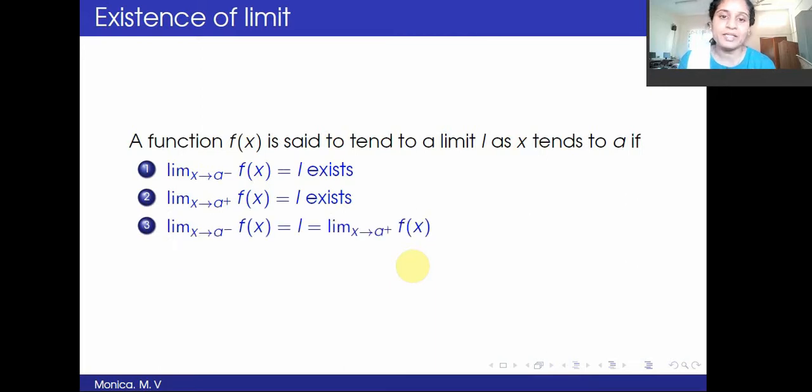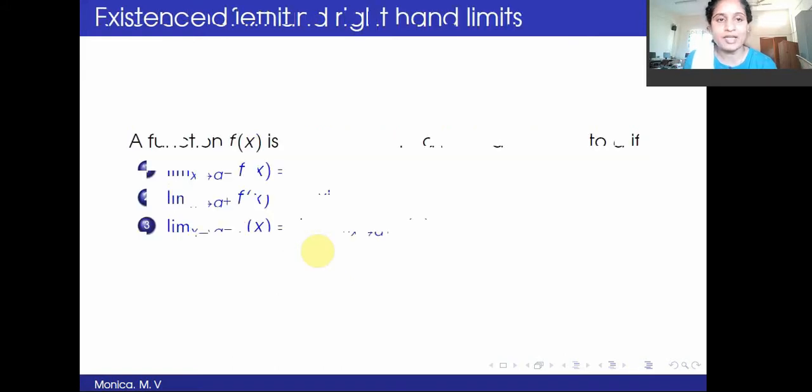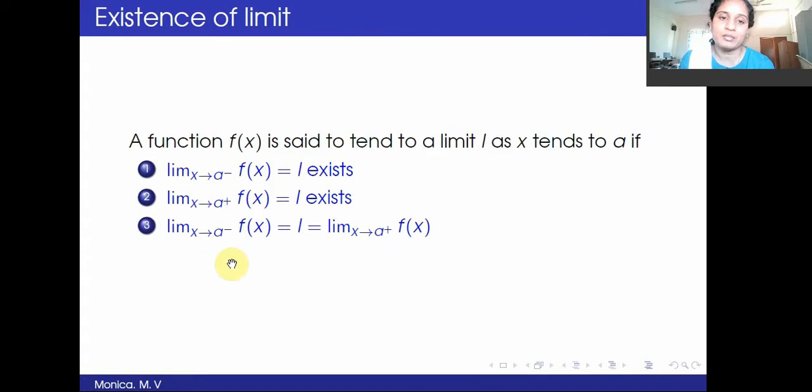And the left hand limit and the right hand limit, both of them are equal and equal to the value L. If all these three conditions are satisfied, then we say that the limit of a function exists and we write limit x tending to A f of x is equal to L. So the left limit, right limit, both should exist and the values of both of them should be equal, then we say that the limit of a function exists.